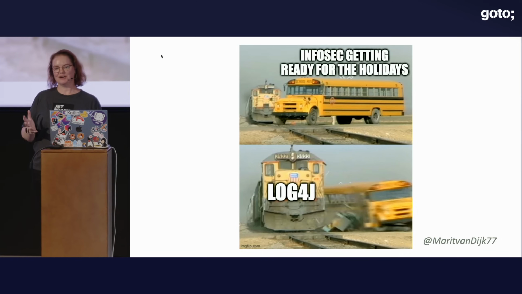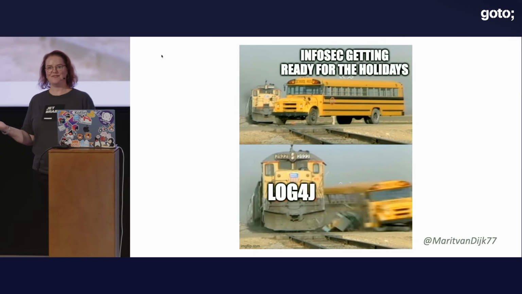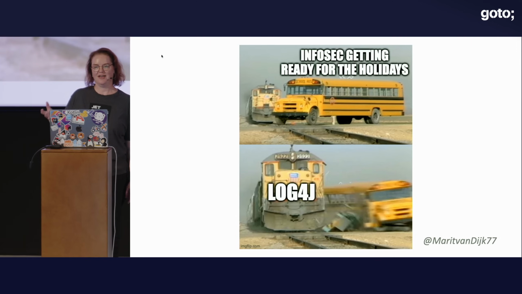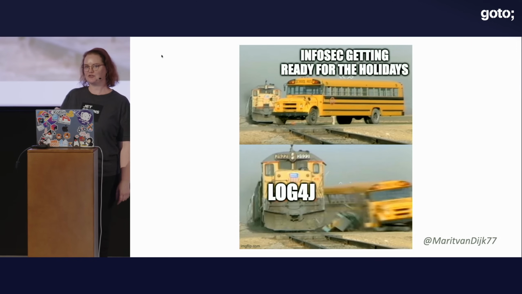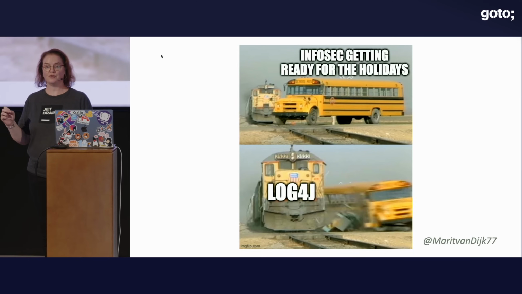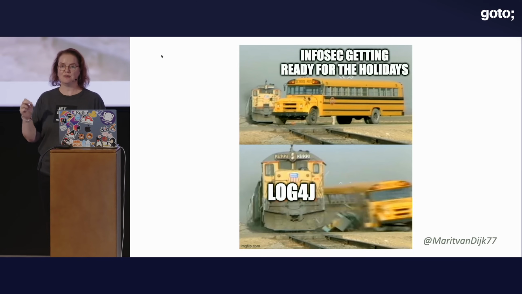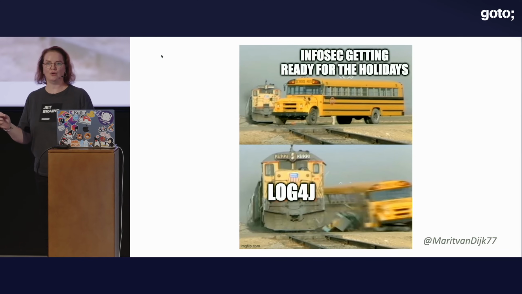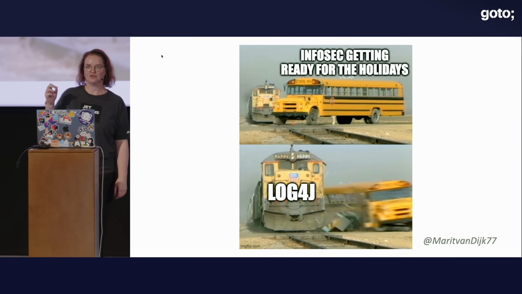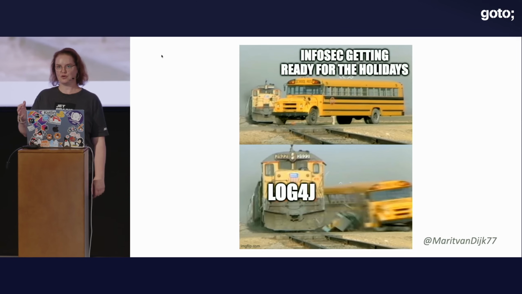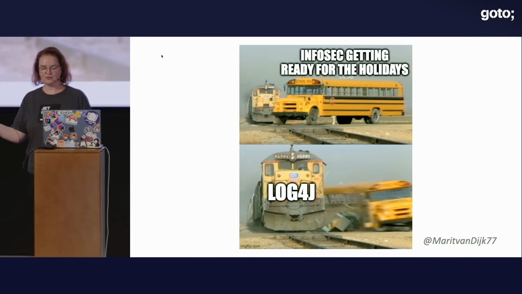What happened was people were getting ready for the holidays, and Log4Shell was disclosed. In fact, literally at my previous job, I had a coworker who is a Log4j maintainer. He was literally planning to go on holiday when this vulnerability was disclosed, and instead worked 22-hour days to fix it. So this is your cue to thank an open source maintainer today.